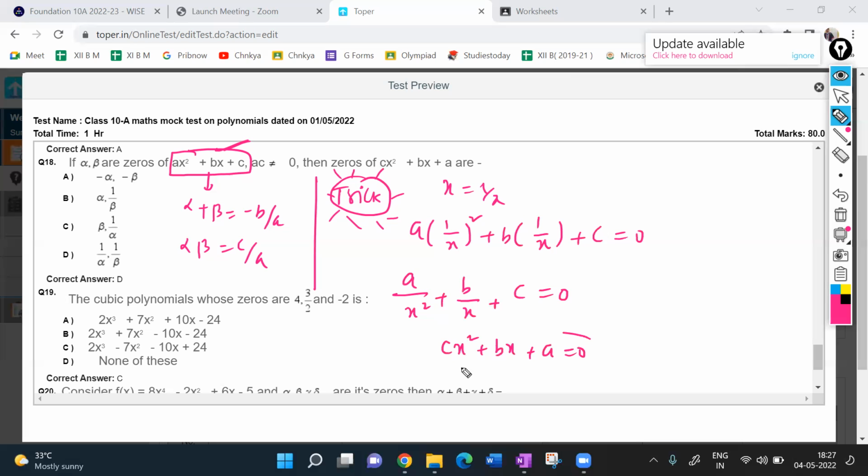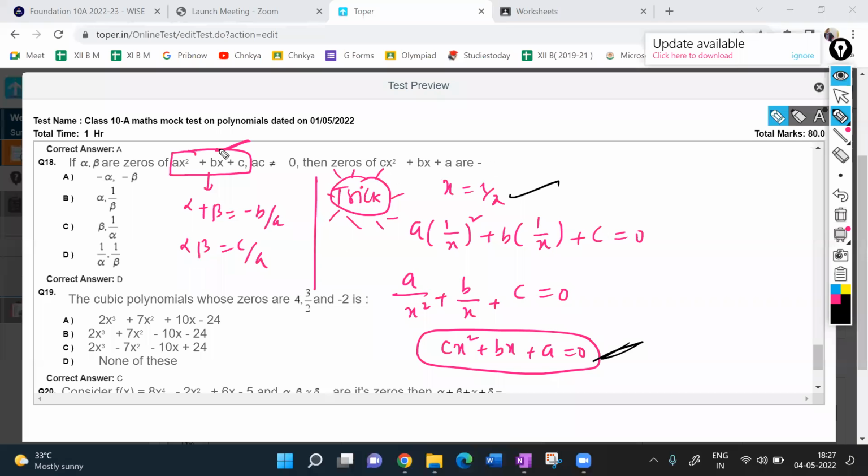So why are we replacing x with 1 by x? Because I'll be getting this equation back. Check it. If you substitute x value as 1 by x, you are getting your required equation, I mean the required polynomial, or not? Yes, sir. Isn't it, guys? By replacing x as 1 by x, I'm getting this equation.